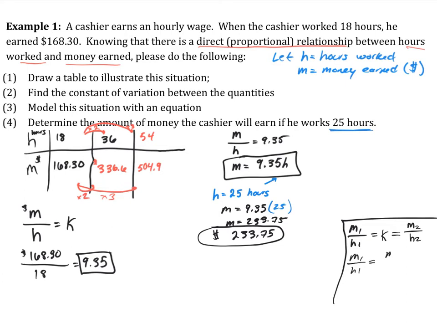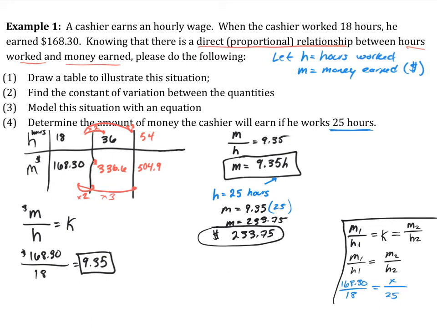And in this example, we could have addressed this final problem using a proportion, knowing that in this example, the individual earned $168.30 in 18 hours. We want to know how much money he will earn if he works 25 hours.